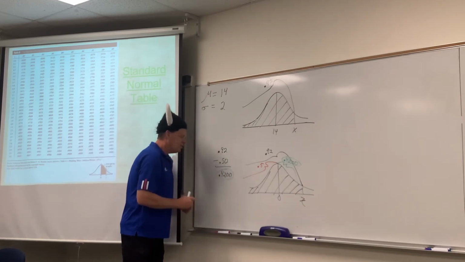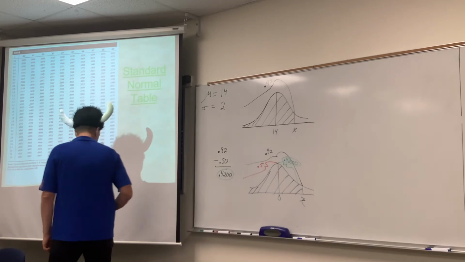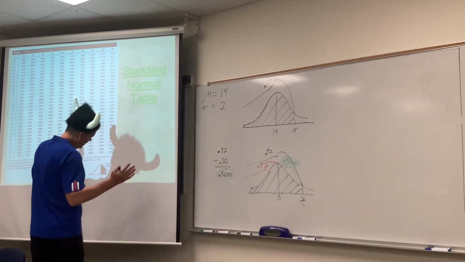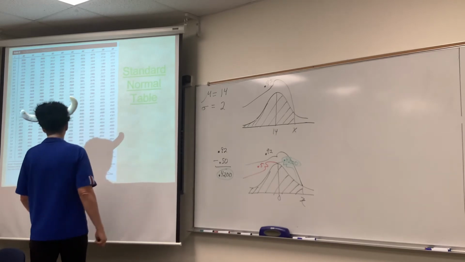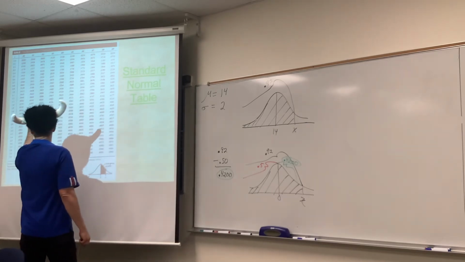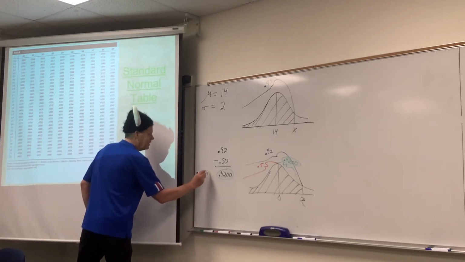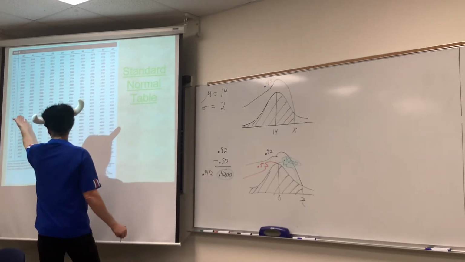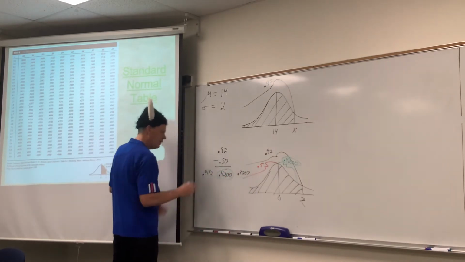So we go through the body of the table and look for 42%. I noticed that 4192 and 4207 surround it in the body of the table.